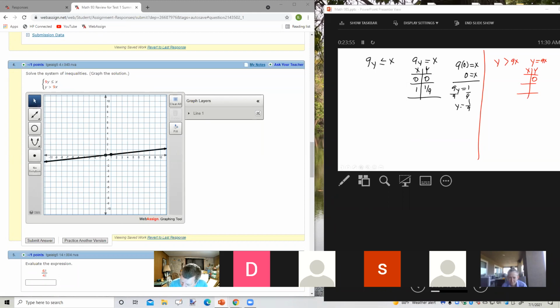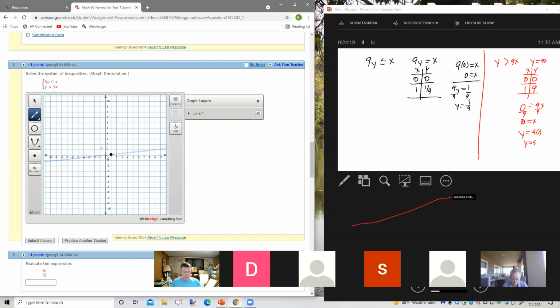Let's see here. If y is 0, 0 equals 9x, divide by 9, 0 equals x. So we get the origin. And then let's use, how about x is 1? Okay. So y equals 9 times 1, y equals 9. So for our second inequality, we have (0, 0) and (1, 9).